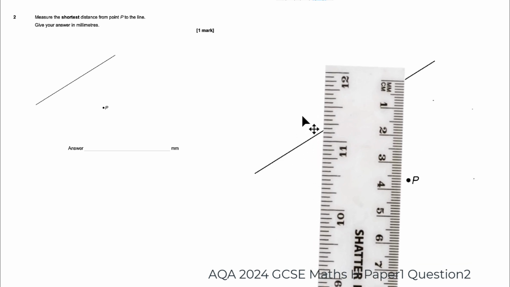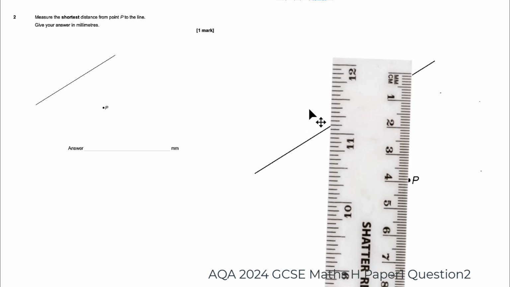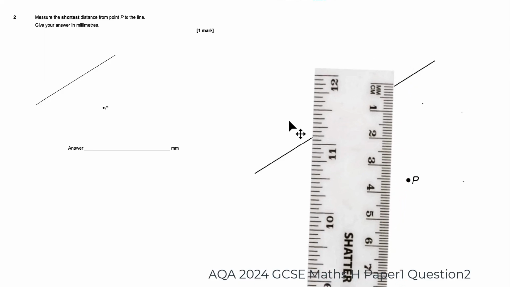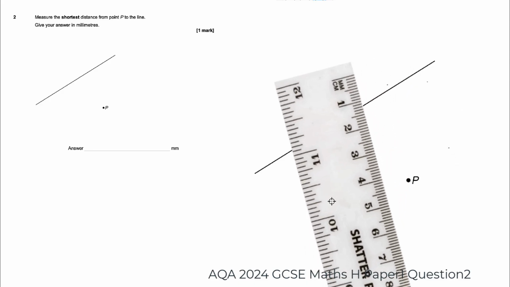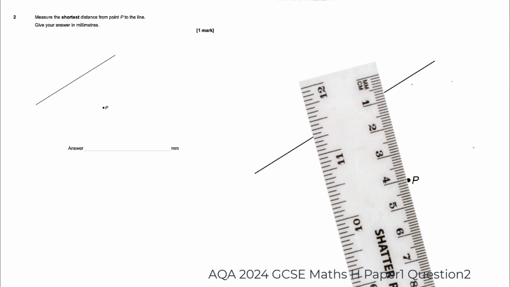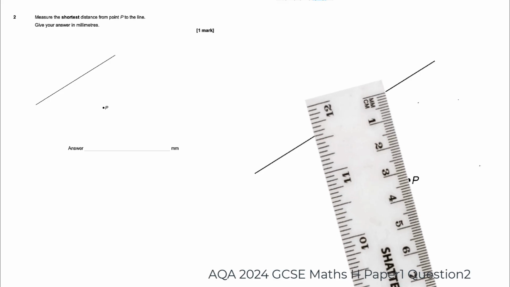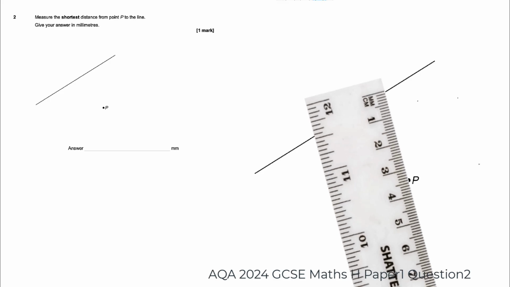And maybe we should just line it up and say it's around about 40 millimetres, 4 centimetres. However, you think about it, we could make a different angle. Suppose we make it that angle, then line it up. Look, it's gone down to about 34 millimetres. We've got a shorter distance.